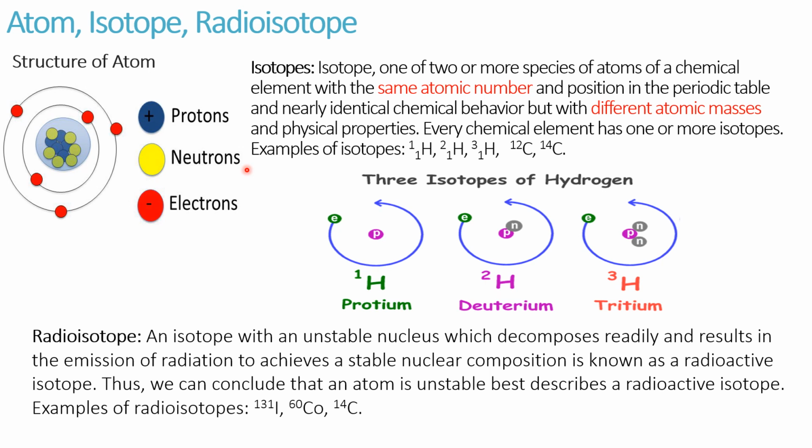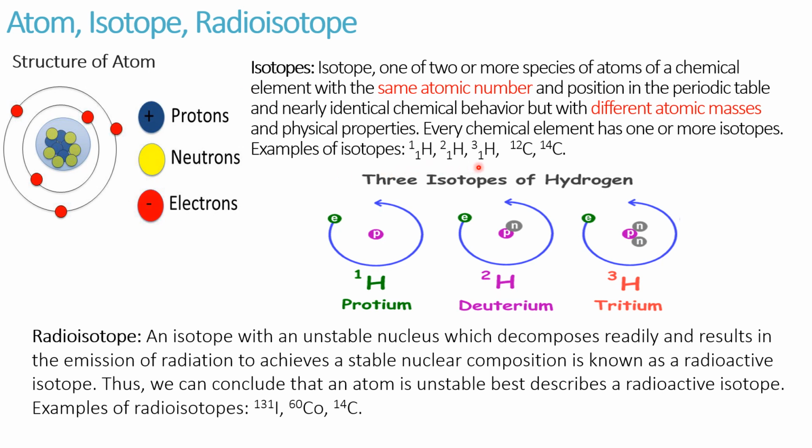The definition of isotope is one of two or more species of atoms of a chemical element with the same atomic number but having different atomic masses. These are the examples of isotopes.